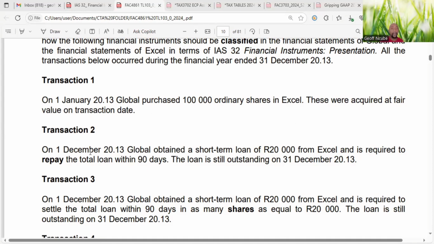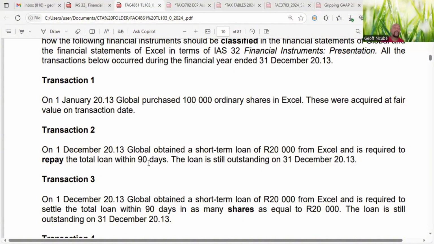Transaction two says, on 1 December 2013, Global obtained a short-term loan of 20,000 from Excel and is required to repay the total loan within 90 days. The loan is still outstanding on 31 December 2013. We have a situation where Global went to Excel to borrow 20,000, and Excel managed to give Global the 20,000.